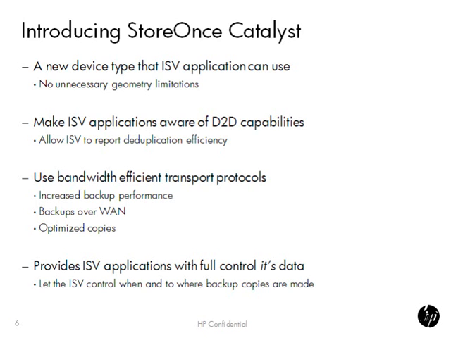As a StoreOnce Catalyst device, we don't understand the ISV backup formats, with no intention of understanding the ISV backup formats. It's their data. They know what to do with it. They know when the customer wants to expire it. They know how many copies want to be made. So really all we're doing is putting that control back with the ISVs.